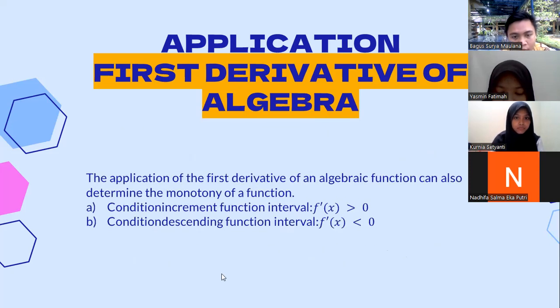Besides that, we can also find the condition of the function, whether it is increasing or decreasing: an increasing function and a descending function. With the classification, f'(x) greater than 0 means the function is increasing, and f'(x) less than 0 means it is decreasing.